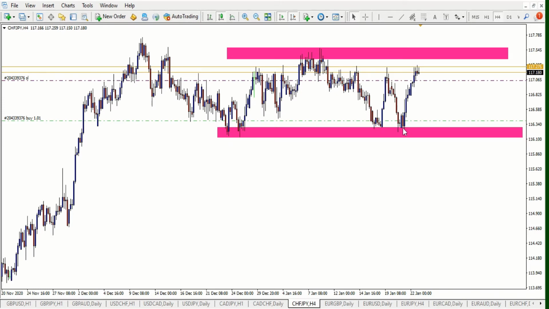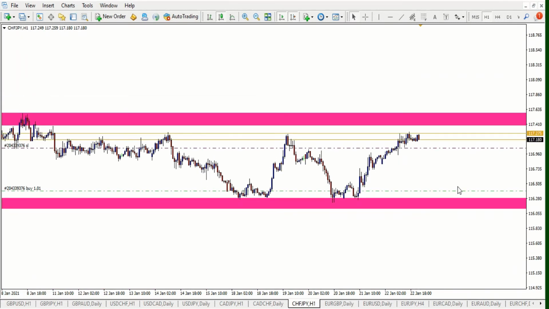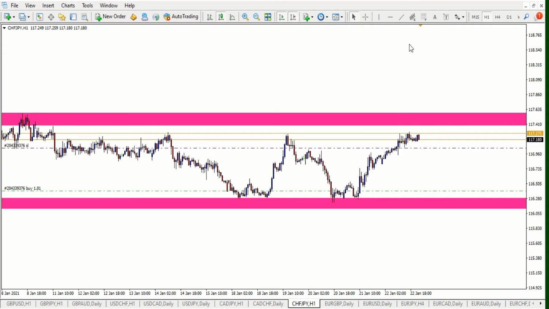So I came in last week at around this level when the market came back up to hit the support. Okay, so we can expect one of two things this week.